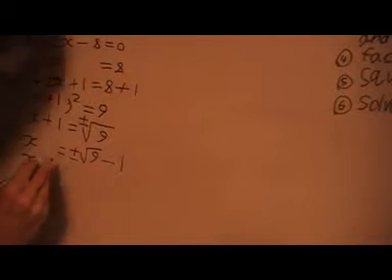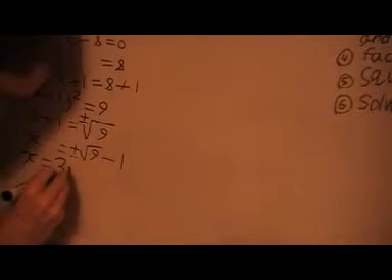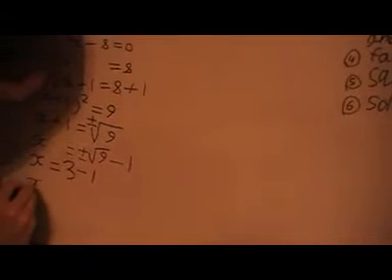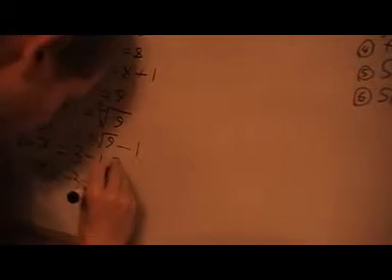So this has got 2 roots. Could be 3 or minus 3, so we'll get 3 minus 1, or minus 3 minus 1. So one can see that that comes to 2, that comes to negative 4.